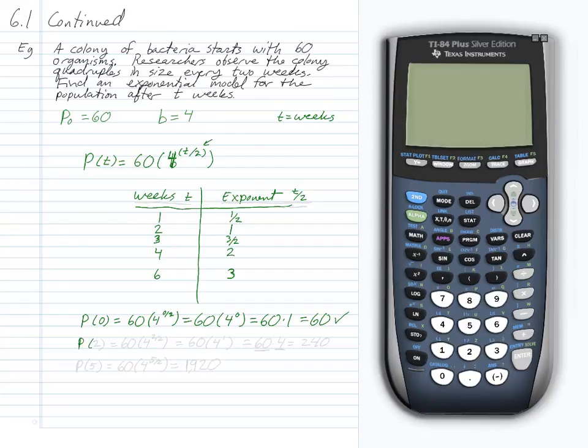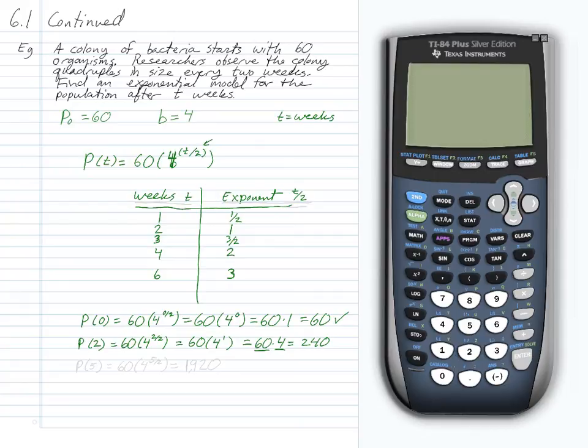So if we look at p of 2, that would be 60 times 4 to the 2 over 2. We'll simplify that exponent. That's 60 times 4 to the first, which is 60 times 4, which is 240. Exactly quadruple the original 60. Excellent.